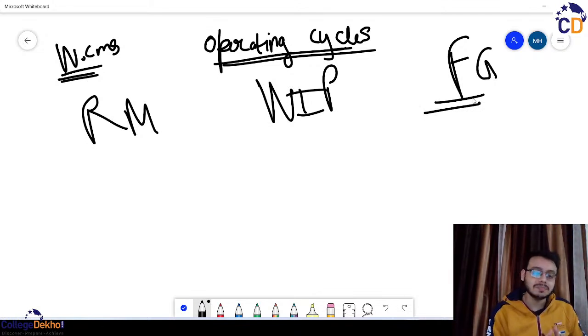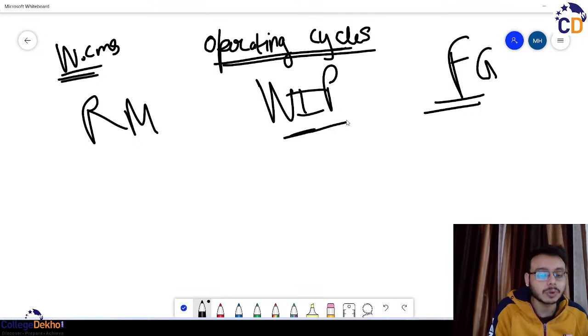Your raw material is basically your inputs that you would be using to manufacture the final product. For example, to manufacture a shirt, your raw material can be cotton, woolen or any other material. To make chips, your raw material can be your potato, your oil, your spices, right? So basically the raw materials are the inputs that are used to manufacture your final good.